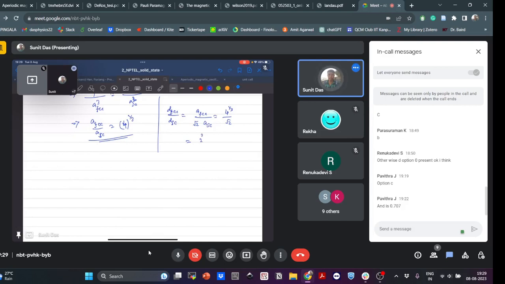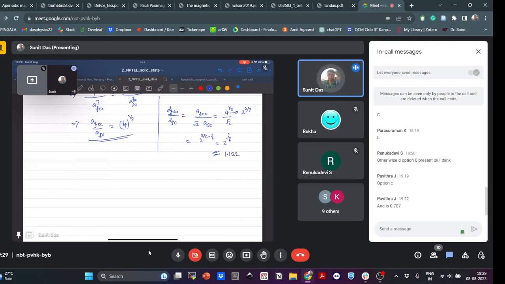So 2 to the power 2 by 3 minus half, so 2 to the power 1 by 6, which is around 1.122.